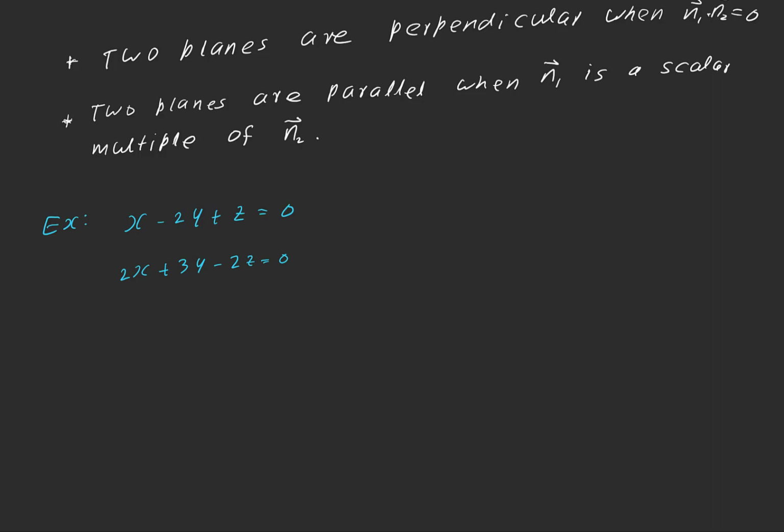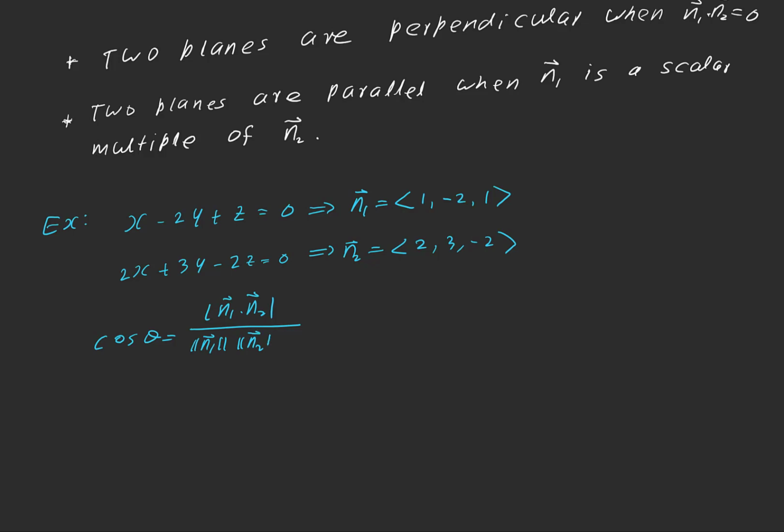From the first equation the normal vector n1 is (1, -2, 1), and from the second we have the normal vector n2 (2, 3, -2). Then we can find cosine theta equals the absolute value of n1 dot n2 over the magnitude of n1 times the magnitude of n2.